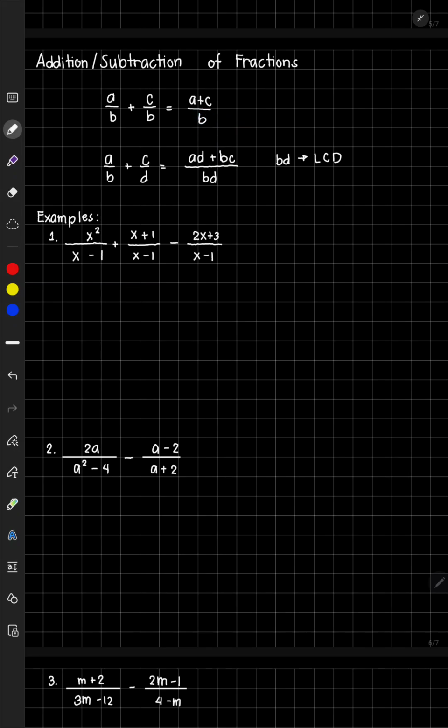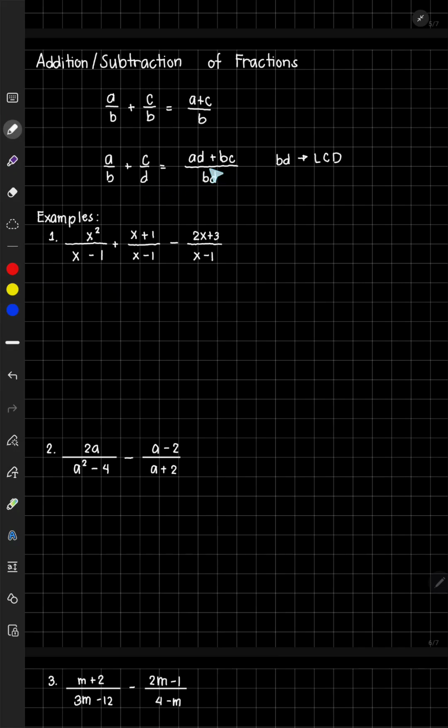But if the denominators are not the same, first you have to find the least common denominator. For example, a over b plus c over d. The least common denominator of the two would be b multiplied by d.